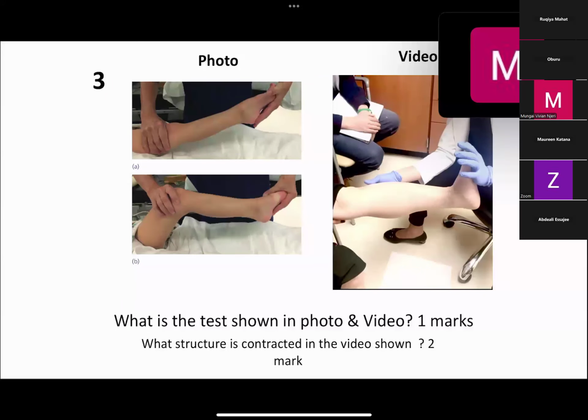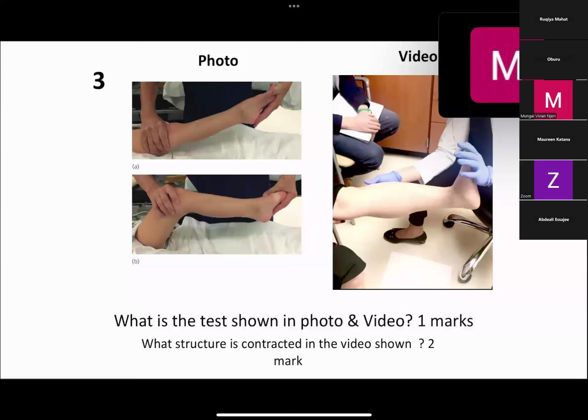Now, this is another test. I try to endeavor to teach people physical examination as much as possible when they come to my ward. In this test, you are trying to dorsiflex the ankle with the knee extended and with the knee flexed. If there is a major change, you determine whether the gastrocnemius or the soleus is contracted. I don't know why I teach this test to undergraduates. Maybe it's just the excitement of being a foot surgeon. But for a surgeon, it's very important because you want to determine what you will address.